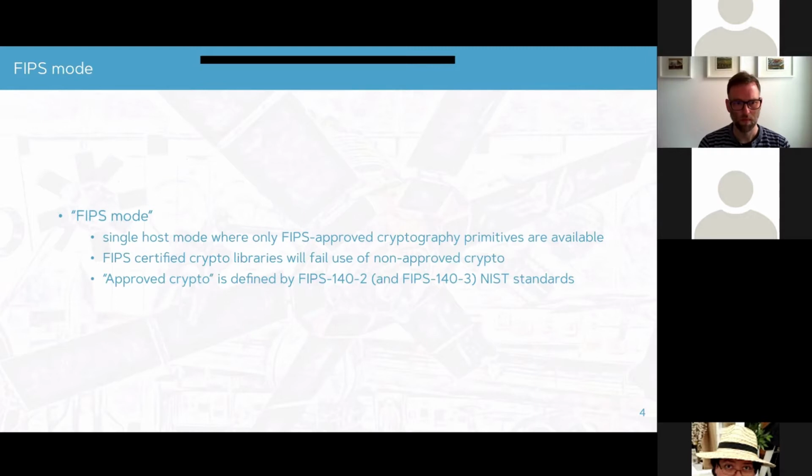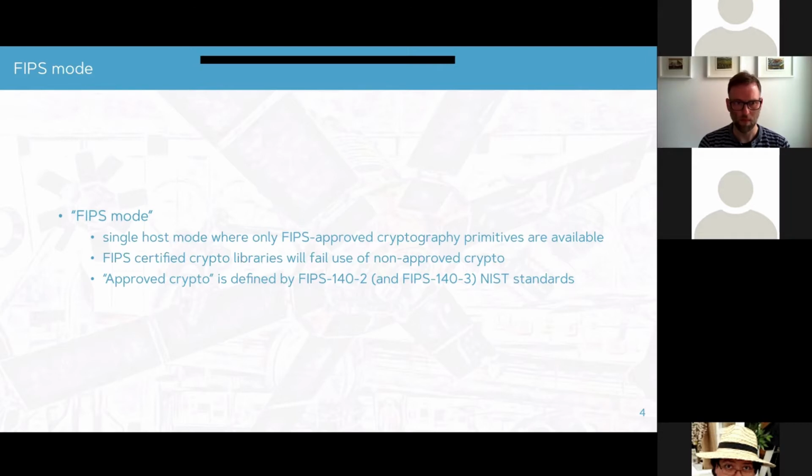So what is FIPS mode? So-called FIPS mode is really that you start your kernel, your operating system, with a mode that says only cryptography primitives approved by a certain FIPS standard are allowed. Typically, it's FIPS 140-2, and for 2 years now, 140-3 has been available.